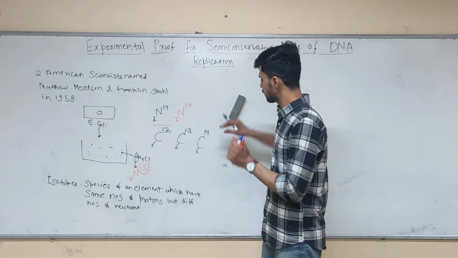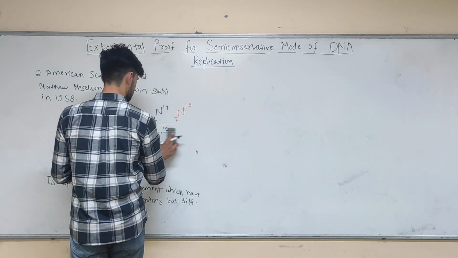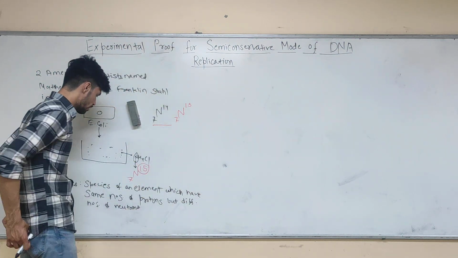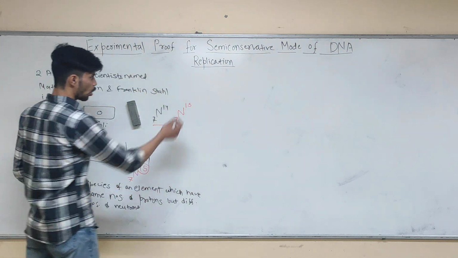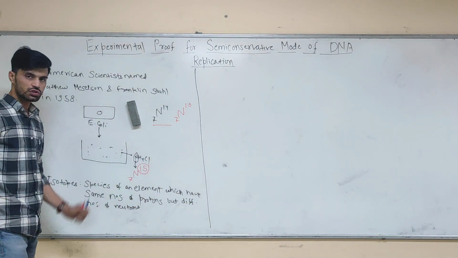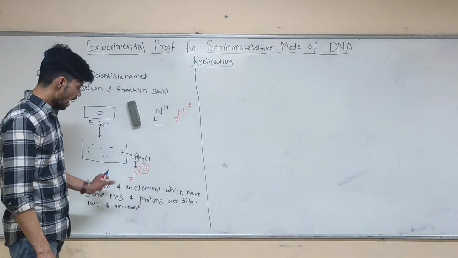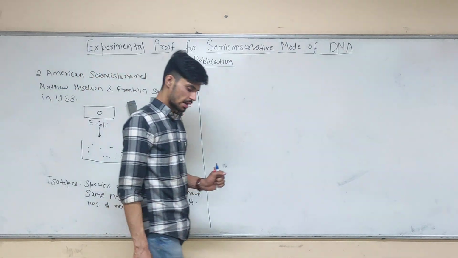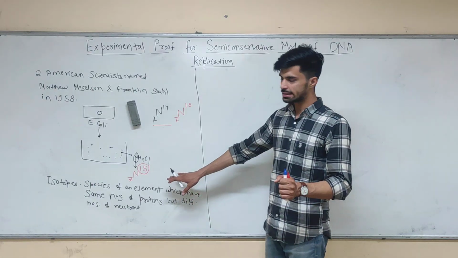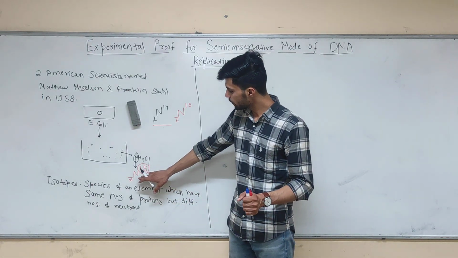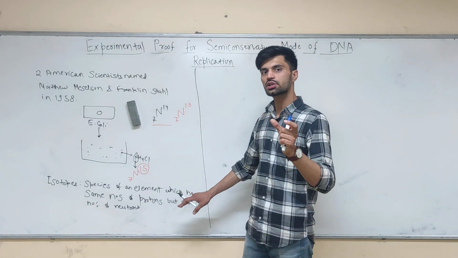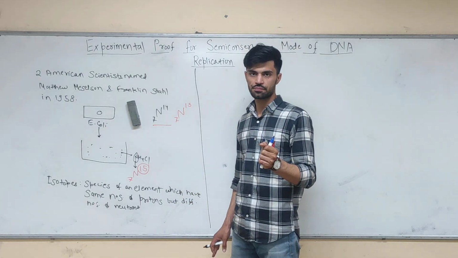Okay, so now we will move forward to our topic. Here they grew E. coli in N15 for many generations. And what happens then? The N15 type of nitrogen, or the isotope, was incorporated into the E. coli's DNA.